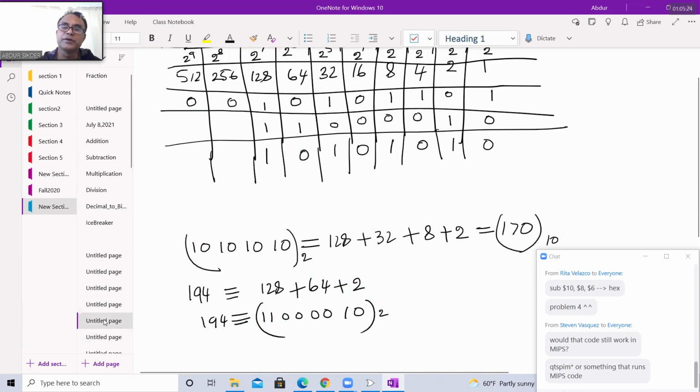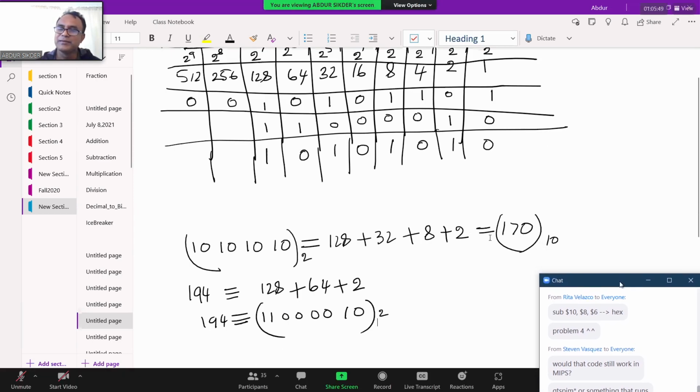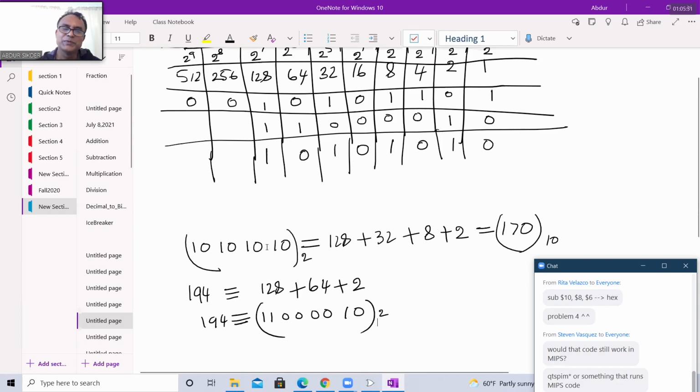Here's another chart. It shows that you put a parenthesis and put 10, which means this is a decimal number. When you're dealing with binary, decimal, and hexadecimal, it's better to have that because you may get confused. What is this number? Is it decimal, hexadecimal, or binary? Your 10 is decimal, your 16 is hexadecimal, you put 8 for octal, and 2 for binary.